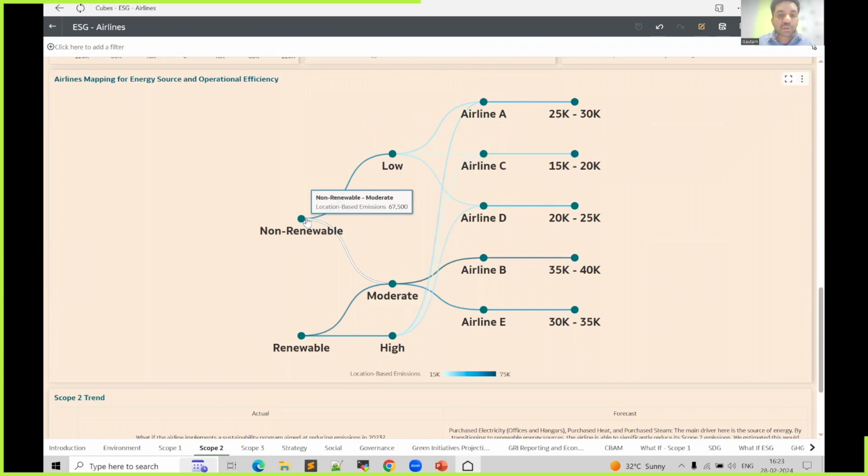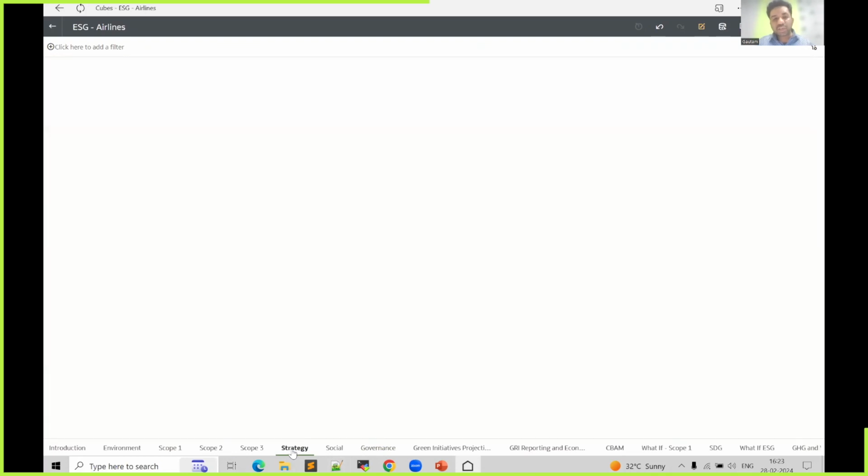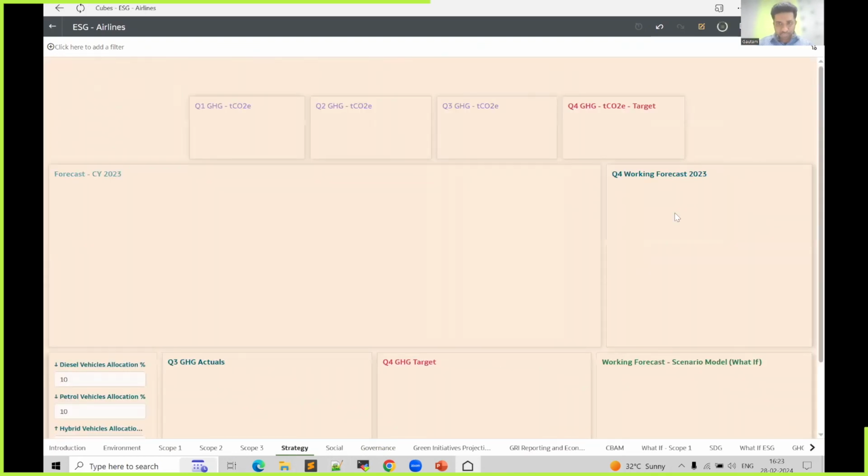So you can then run what-if analytics to understand what happens when I try to invest more in the high operational efficiency. What if I try to switch this renewable energy into airline A, airline C, and airline D, whether it will have a positive impact on my overall carbon footprint, is something you'll be able to do using the what-if analytics. And for how you can do that, we have a strategy tab here.